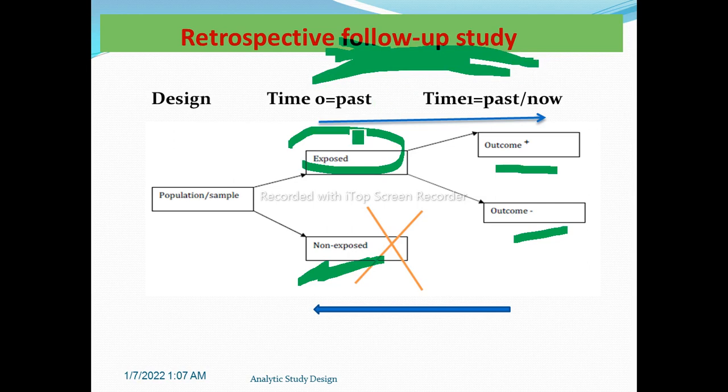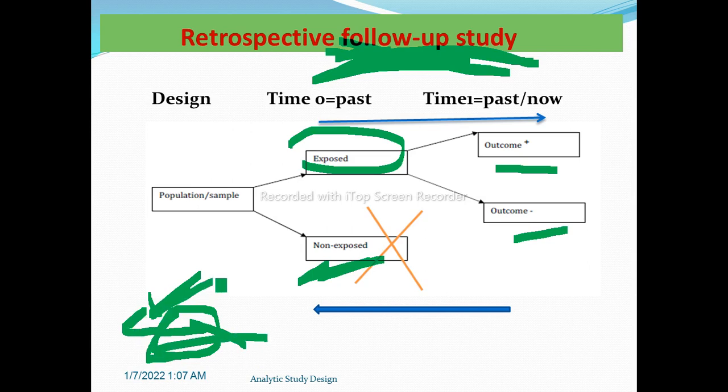So for instance, if you follow septic neonates and non-septic neonates for treatment, it is ethically not recommended to compare septic neonates with medication and septic neonates without medication. Since it is ethically not good for septic neonates to be followed without medication, these groups are avoided.